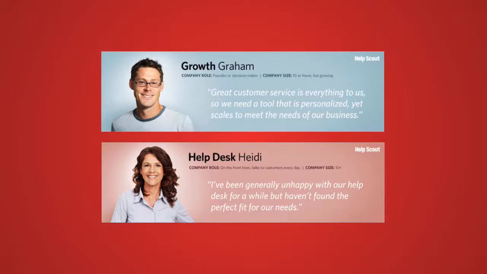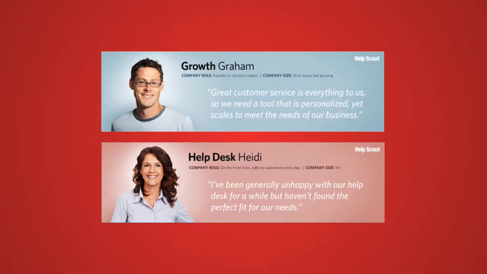One is called Growth Graham, and he's a small business owner, and he signs up for Help Scout because he's curious and he cares about pricing and outstanding personalized support for his customers. So that's Growth Graham. And then they have this other avatar called Help Desk Heidi, and she's a lead customer support manager for a larger company.